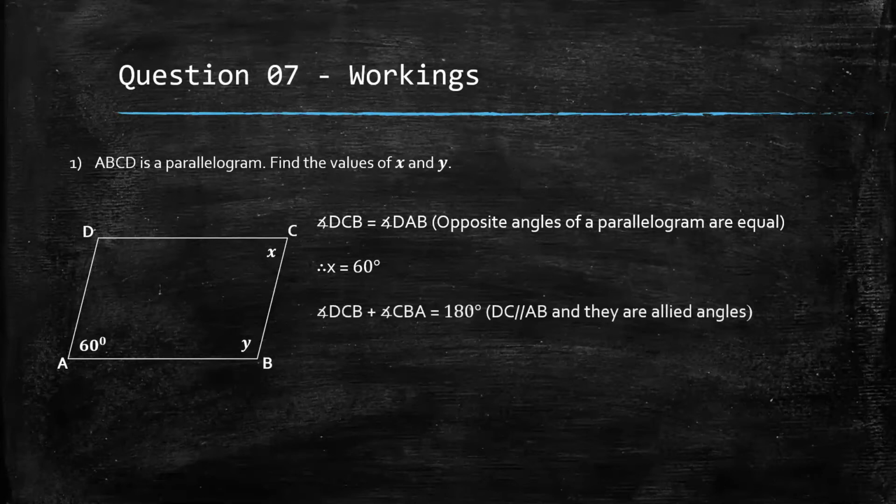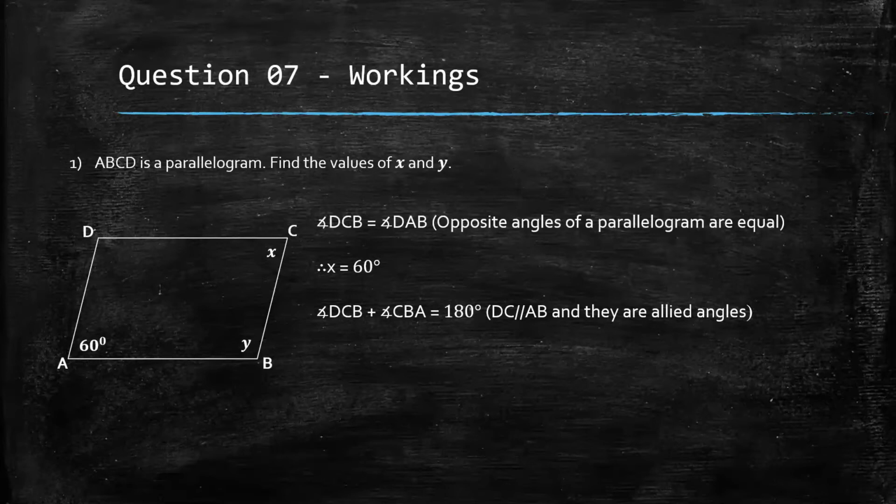So the next one: we have to find both x and y. Angle DCB plus angle CBA equals 180 degrees, because DC is parallel to AB and they are allied angles.